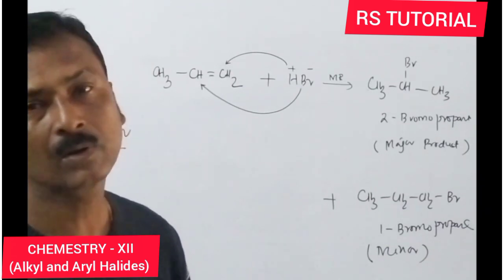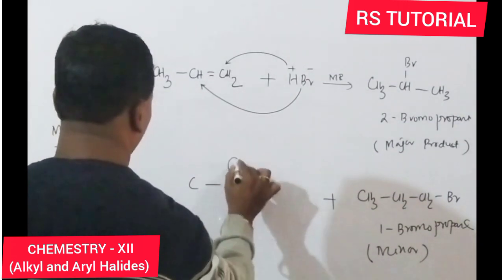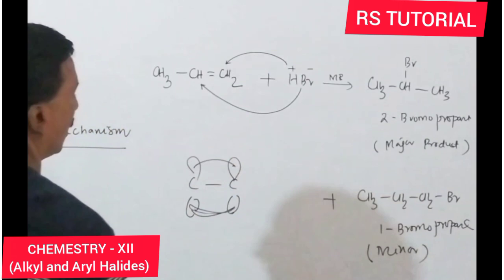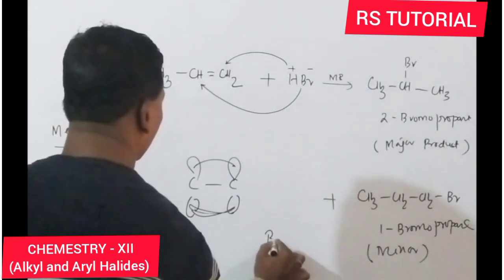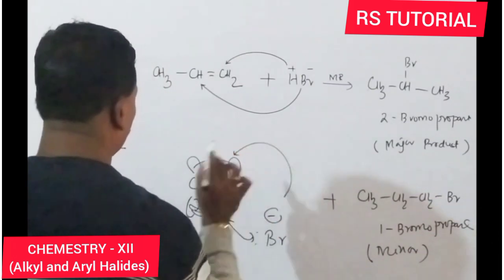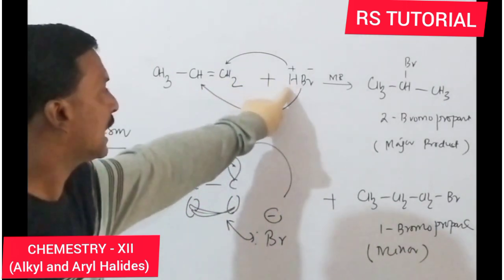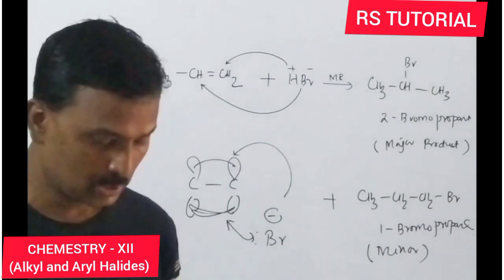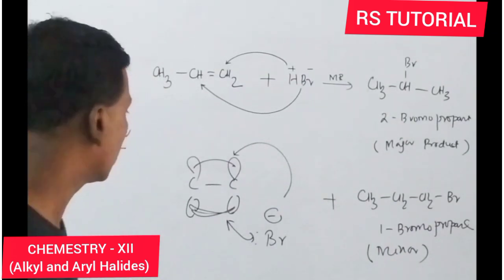Negative part never attacks the double bond carbon because the pi electron cloud is there, up and below the plane of the molecule. Negative part will repel, not attack. Therefore, pi bonds always attract the positive part or electrophilic part. Therefore, alkenes and alkynes show electrophilic addition reactions.